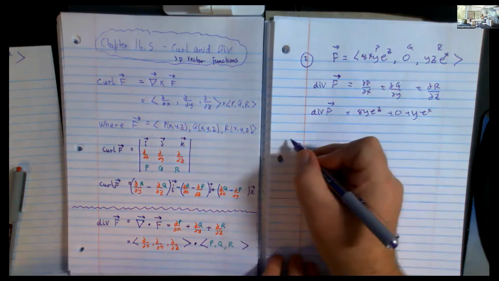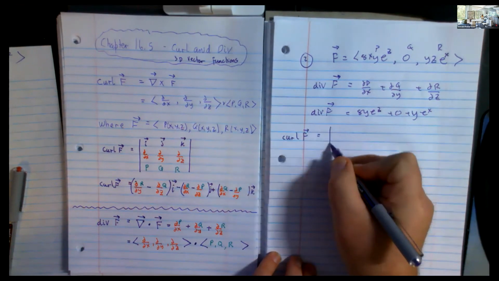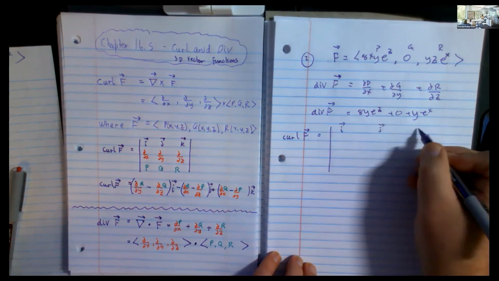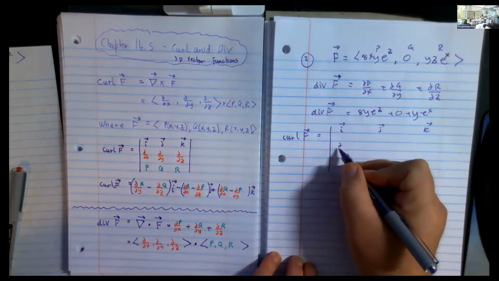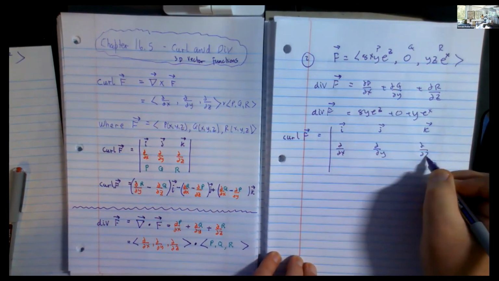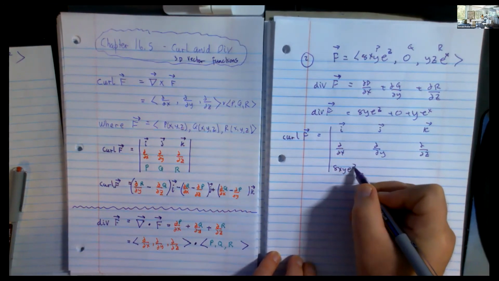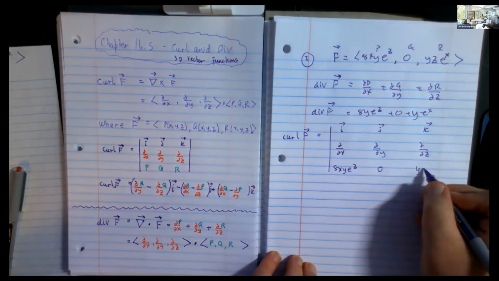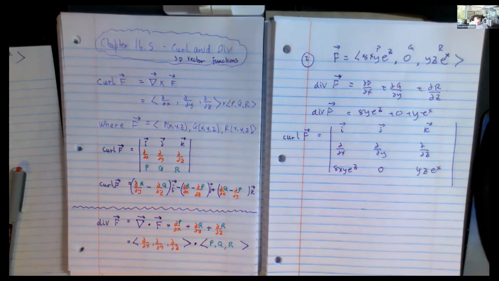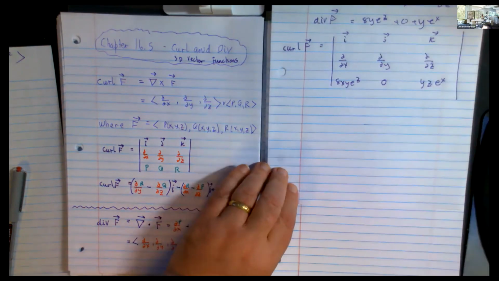Right, now the ugly one. It's going to be i, j, k, the operator, and then 8xy e to the z, 0, and yz e to the x. So that's the setup that's going to allow us to calculate the curl.